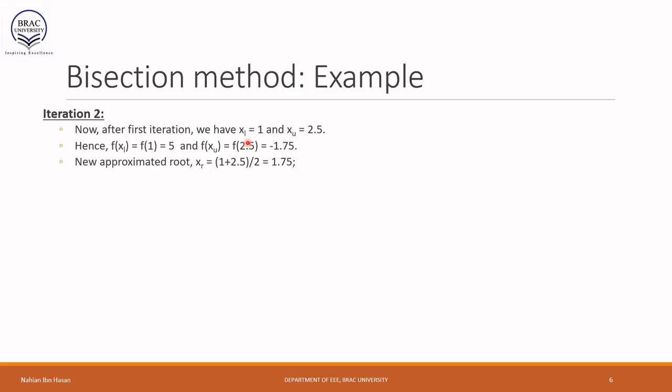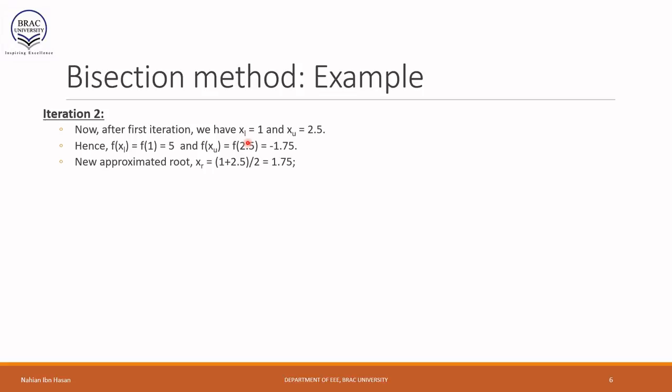Throughout our algorithm, that verification is going to hold. So we don't need to re-verify that f of xl and f of xu are on the opposite sides of the root in each of our successive iterations.